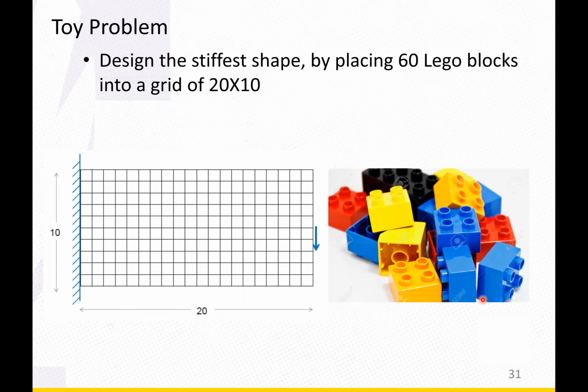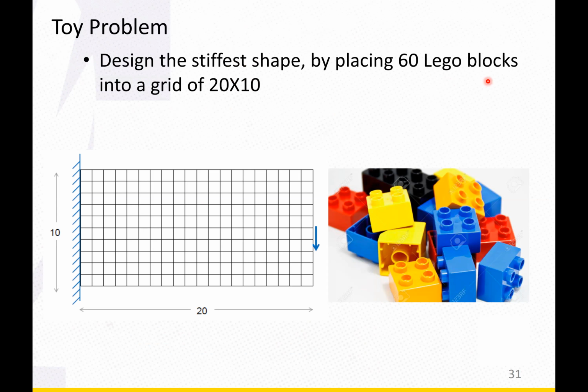So let's check the working principle of topology optimization by going through this toy problem. So let's see, we have a grid with the resolution 20 by 10. That means you have in total 200 small grid cells over here. But we only have 60 Lego blocks.